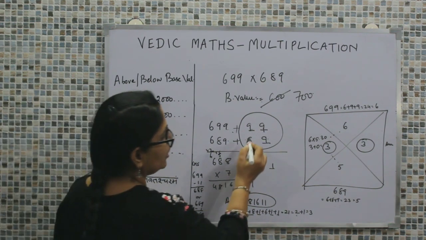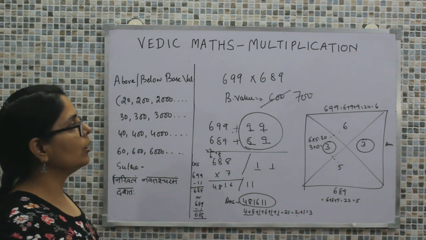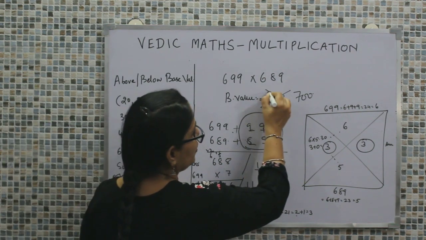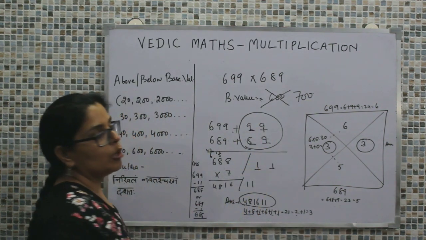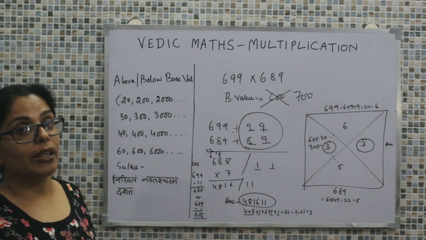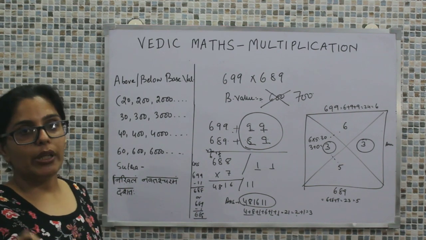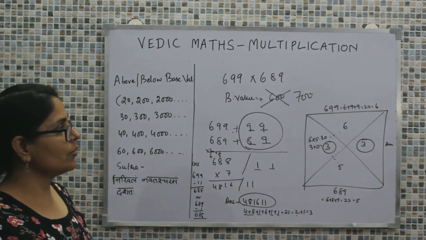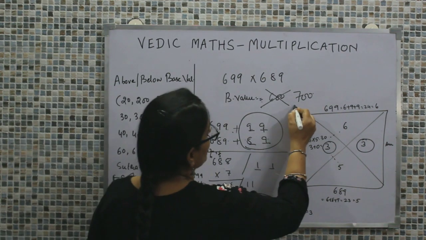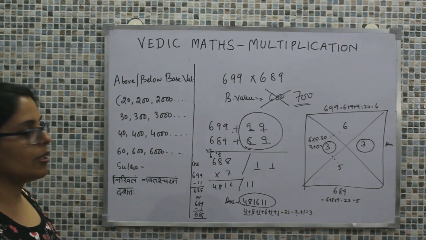Obviously the multiplication of 99 and 89 is going to be comparatively bigger. That is the reason we avoid a base value of 600 but go for a choice of 700, because the calculation will be relatively easier. And when we are talking about this Vedic approach, we are trying to make our calculations simplified and easy. That is the reason the choice of 700 helps us make the calculation comparatively easier.